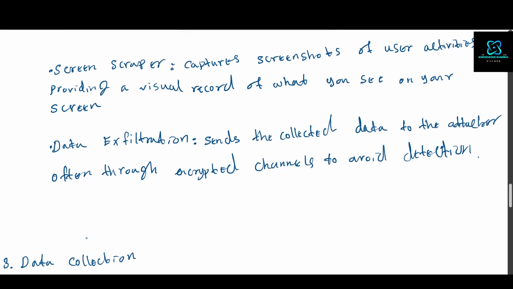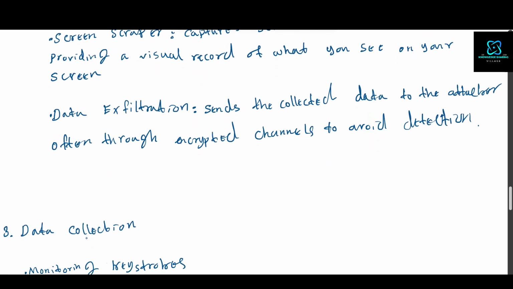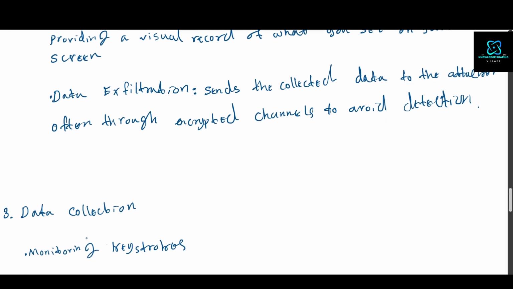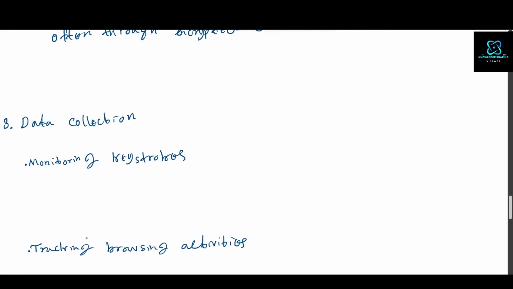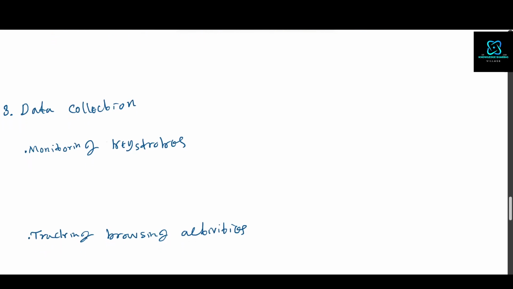So we are going now to the third category, which is data collection. Here in this category we are going to mention methods or functionality, how they are collecting the data about you when they have infiltrated.